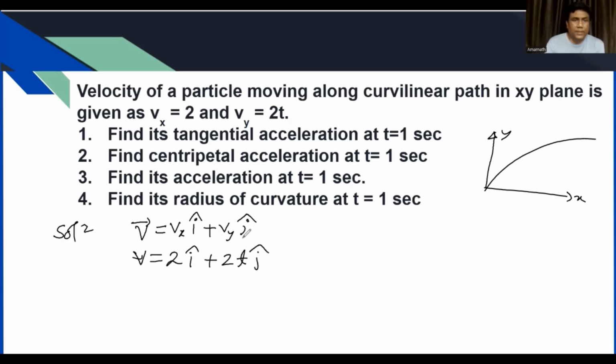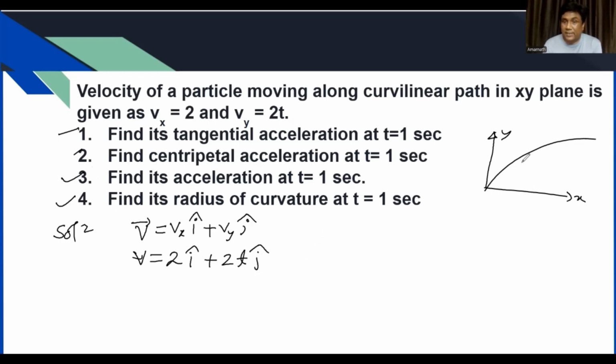Now they are asking: find its tangential acceleration at t equal to 1 second. Find its centripetal acceleration at t equal to 1 second. Then they are asking, find its net acceleration. Nothing is written means net acceleration, at t equal to 1 second. And then they are asking, find its radius of curvature at t equal to 1 second.